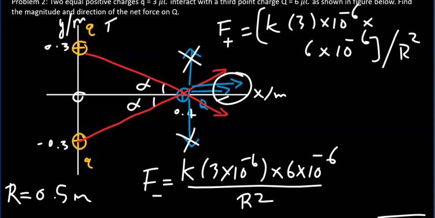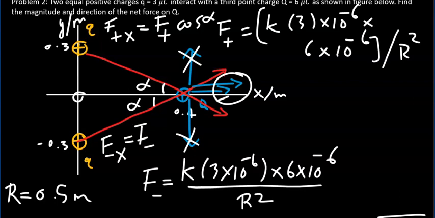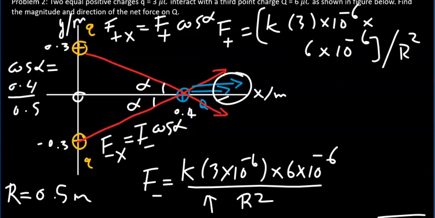The x component of the upward force is quite simply the upward force that we have calculated times the cosine of alpha. Likewise, the x component of the downward force is quite simply the magnitude of that downward force that we have calculated there times cosine alpha, where cosine alpha is this distance, which is 0.4, over that distance, which is r, which is 0.5.